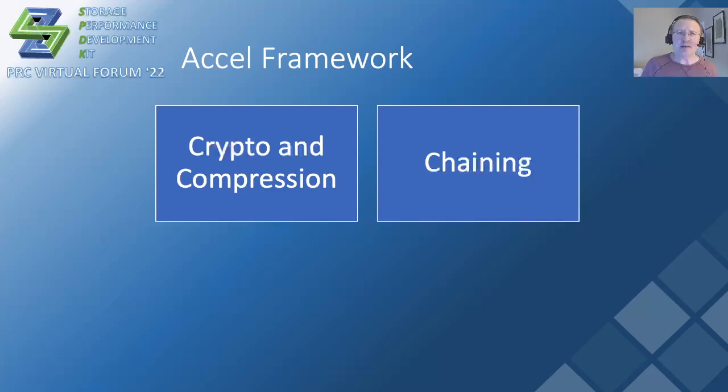Another one is chaining. So there's a lot of cases where we want to be able to chain operations. We want to DMA and encrypt the data at the same time. So instead of copying the data into local memory and then compressing it there, there are hardware engines that can support encrypting it while it's being copied. And so this is really complex.